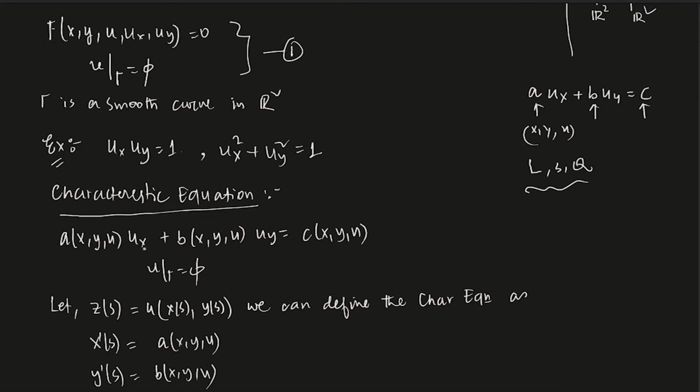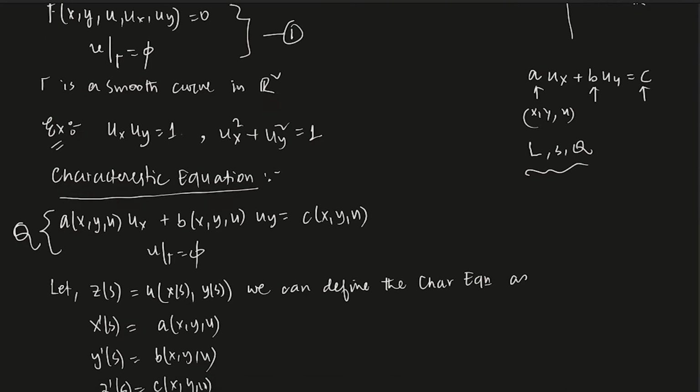Since this quasi-linear equation is a special form of the general equation, and we know how to write the characteristic equations for the quasi-linear equation, motivated by this idea we are going to write the characteristic equation for this equation. Okay, how to do that?